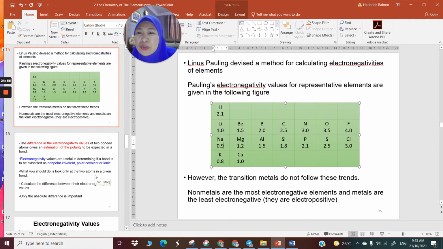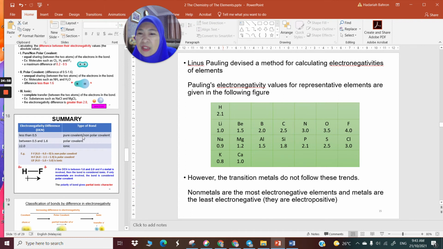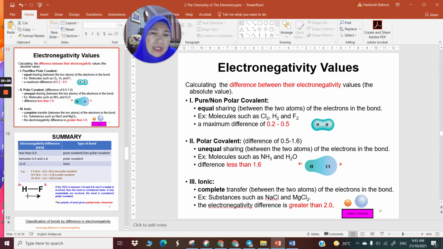There is a huge difference between the Pauling's values, and you know it is an ionic bond because that huge difference shows a complete transfer. That means chlorine is far too strong for sodium to resist giving its electron. So chlorine just takes it, and it becomes an ionic bond.